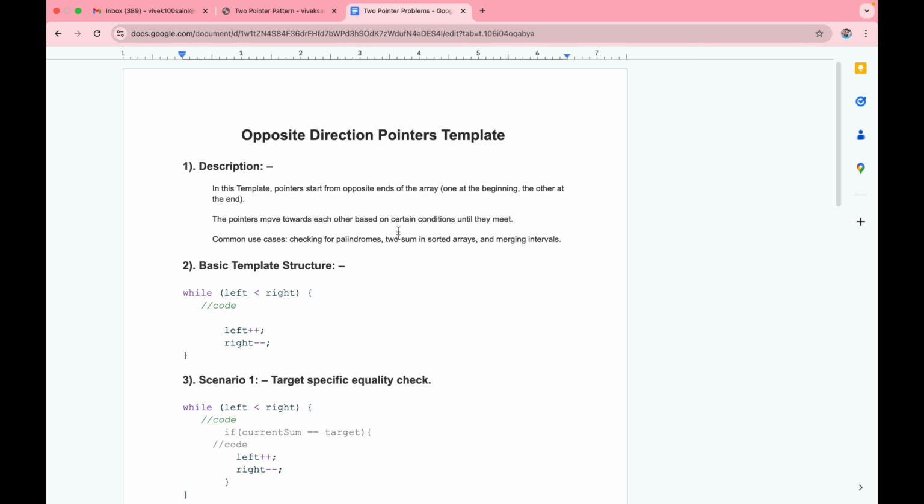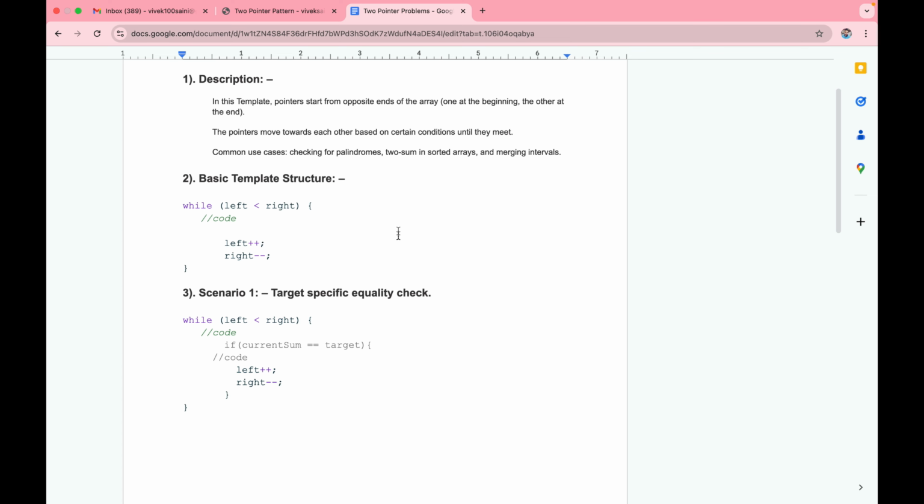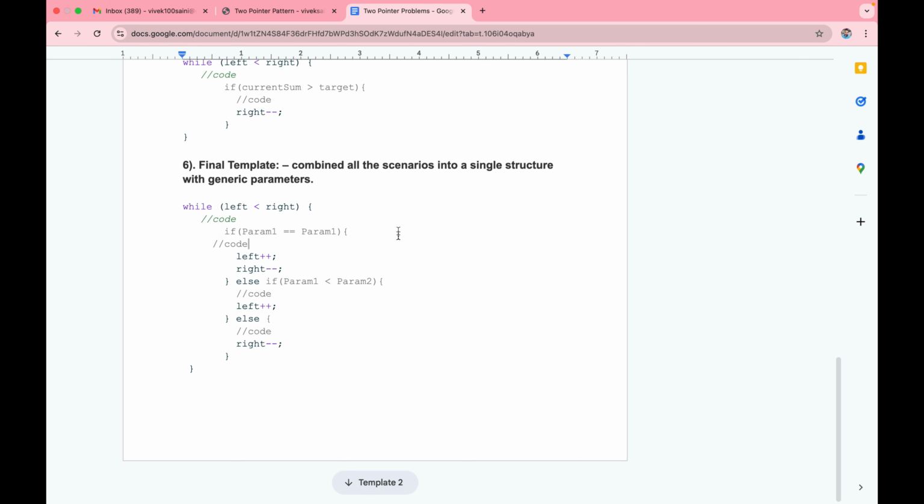Once we approach any problem, we need to understand how many scenarios we have in that particular problem related to this template, and according to those scenarios we are going to implement or modify this template. You will understand once we jump to the problem, and I will explain there how we can implement these templates in real world coding and achieve our goals easily.